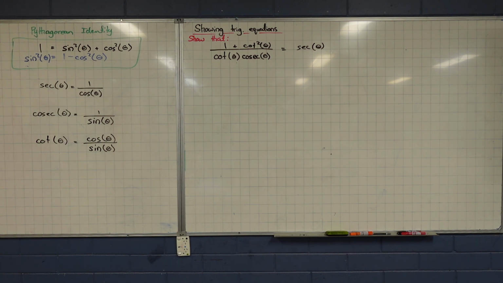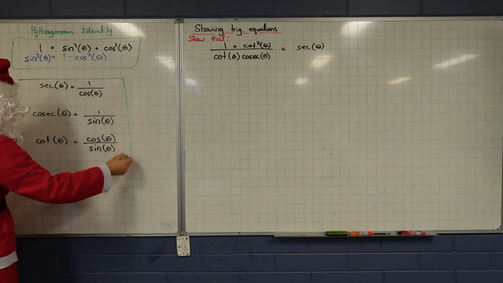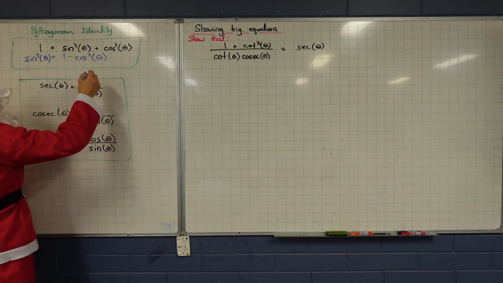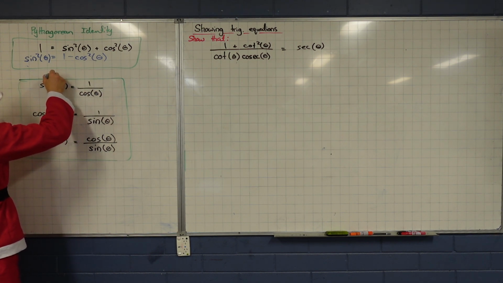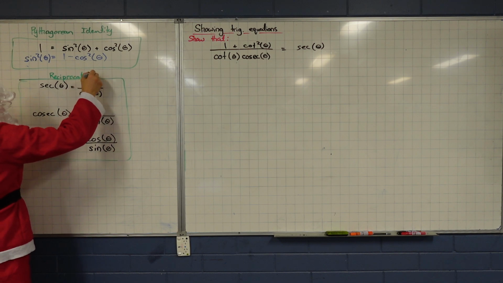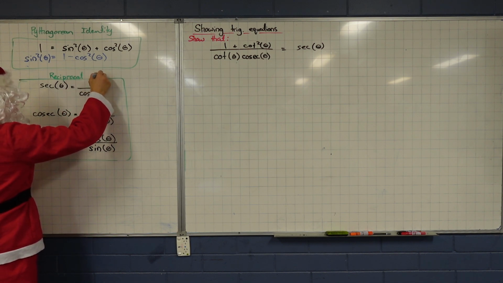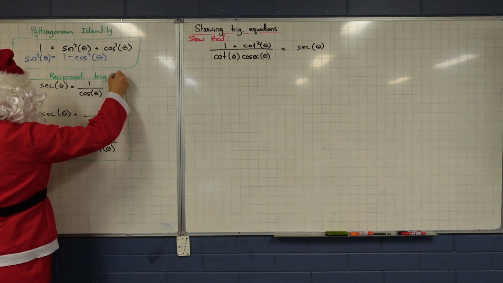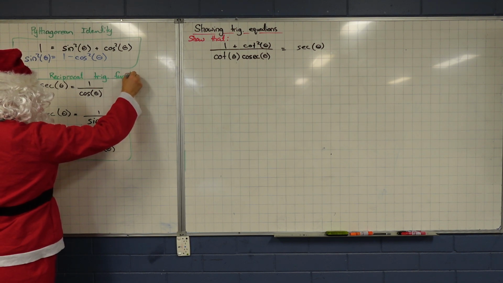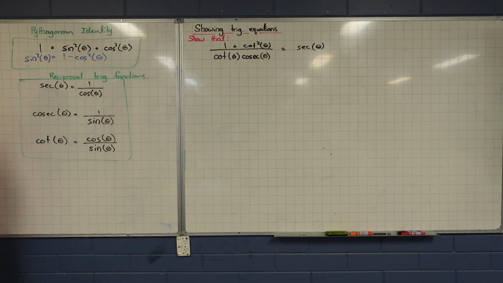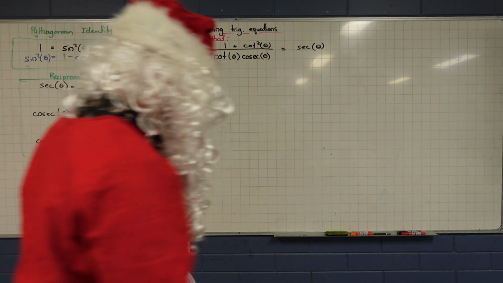That's the Pythagorean identity. The next ones we look at are the reciprocal trig functions: 1 over sine, 1 over tan, 1 over cosine.